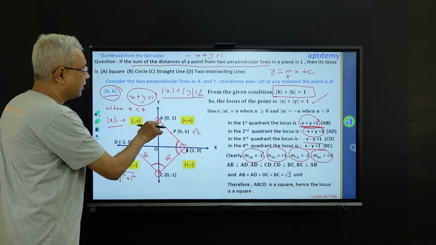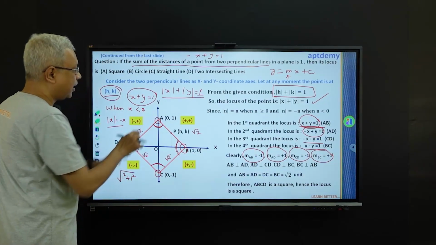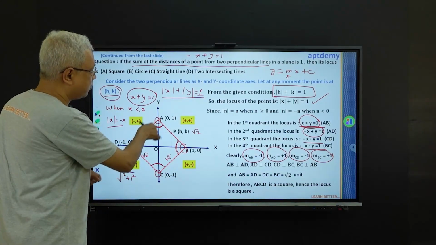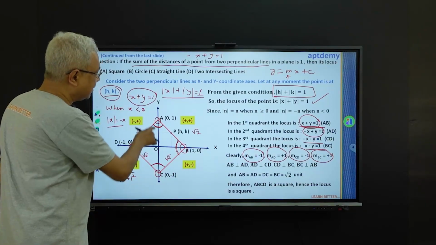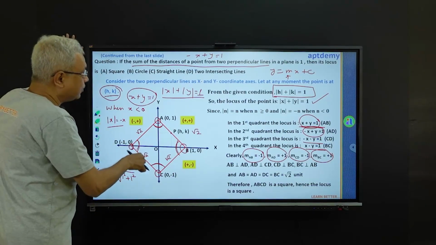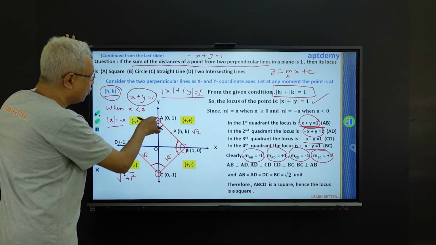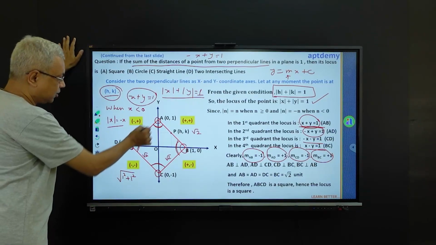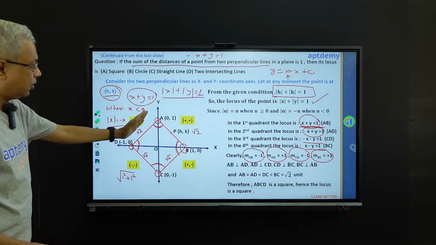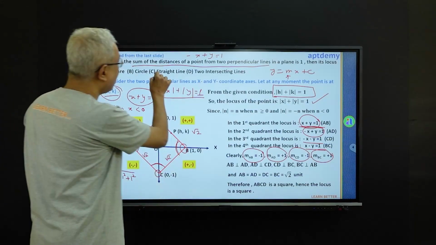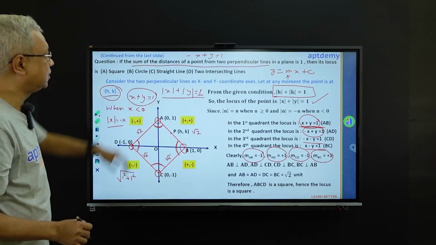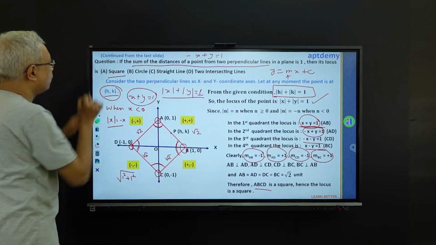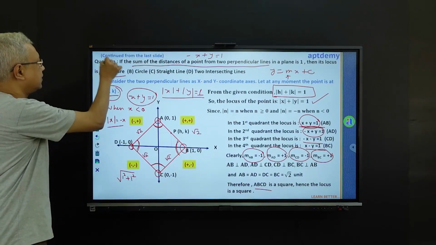That means if a point moves under a condition that the sum of its distances from the coordinate axes is always 1, then it happens to lie on the square ABCD, whose side length is √2, and the shape is like this. Therefore, the locus of the point under such a condition is a square, and therefore option A is the correct answer.